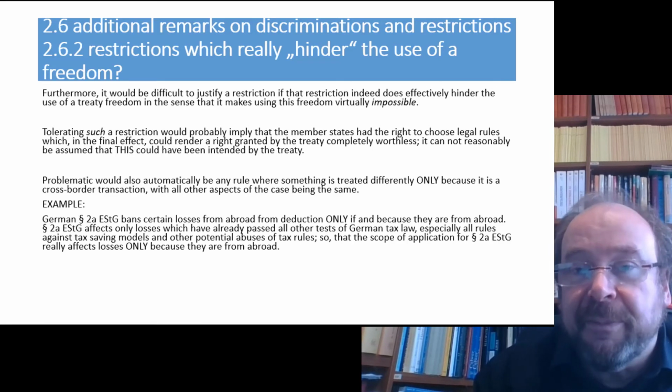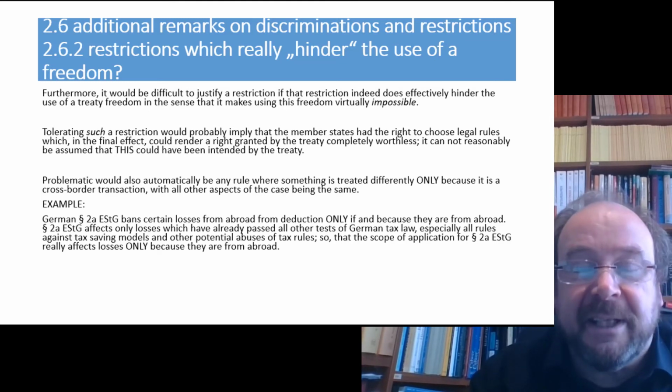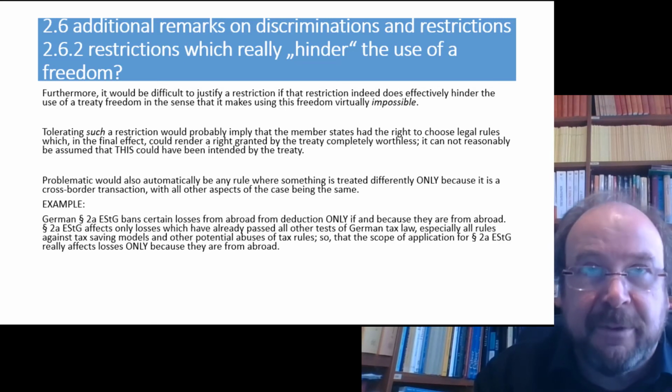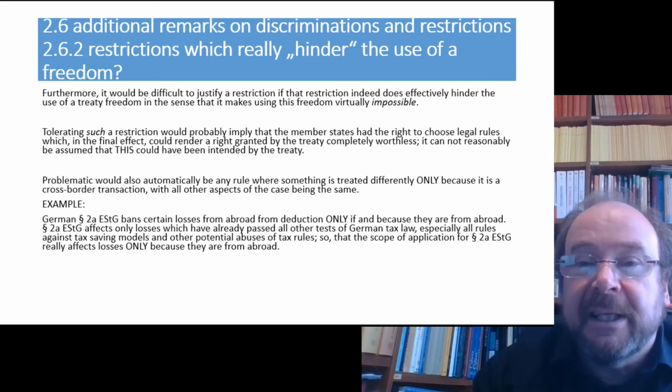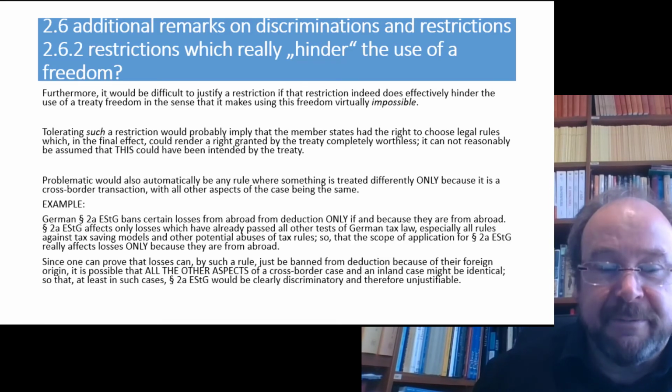And so it was difficult to say there is any justification for that. It could be imagined that a loss could only be cancelled because it came from a foreign country. And so that could automatically not be justified.